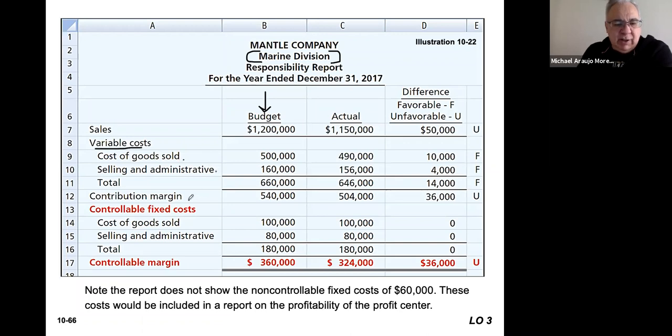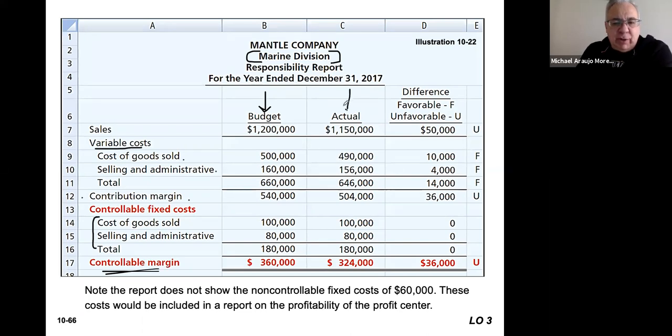Contribution margin is listed here. Then they list what's called controllable fixed costs, and they take the difference between the contribution margin and the total controllable fixed costs to get something called controllable margin, right, which they can link back to the manager of the department.